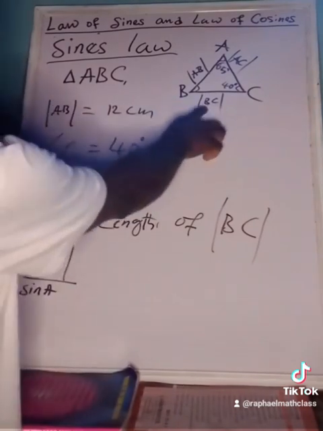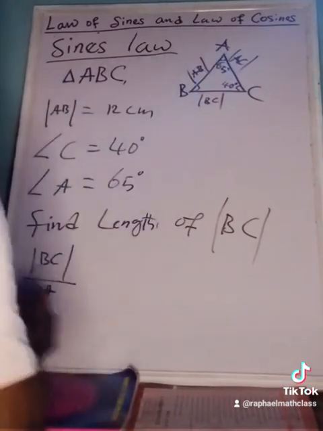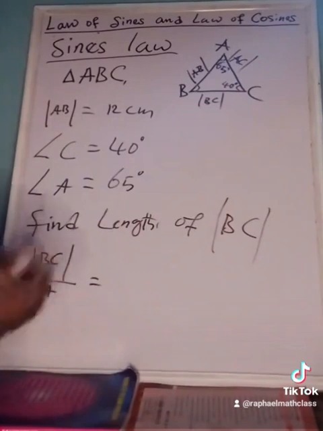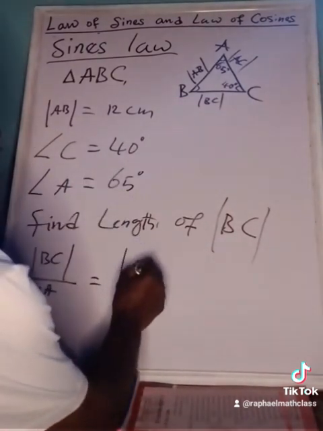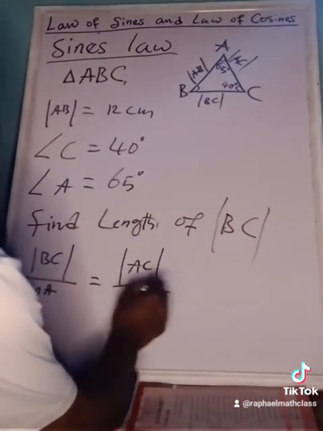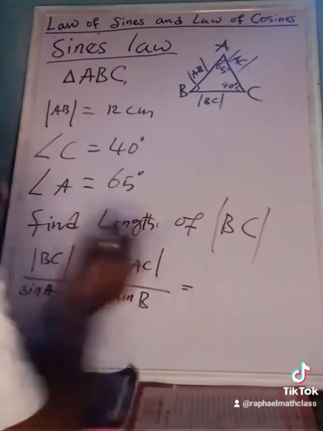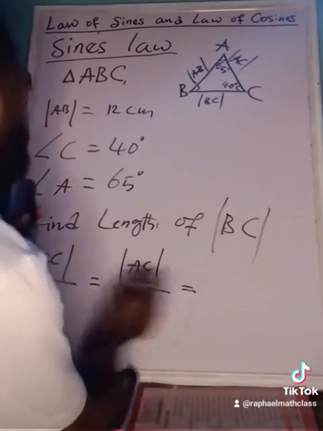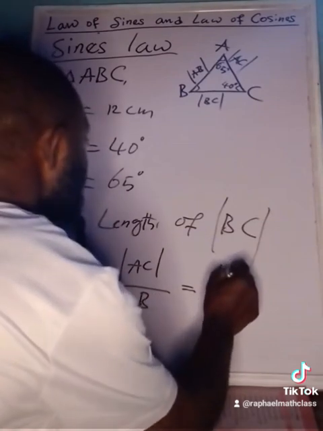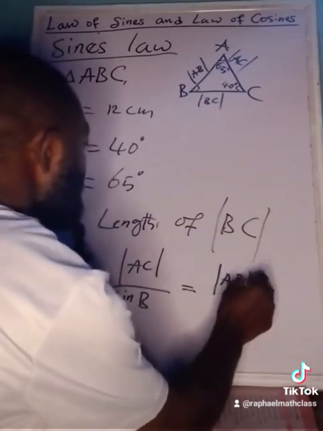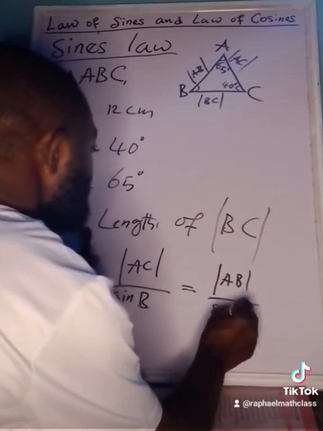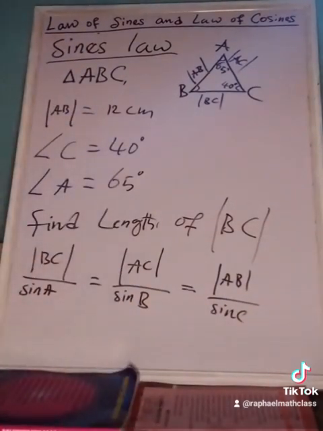Side BC divided by sine A is equal to side AC divided by sine B, and it's also equal to side AB divided by sine C. This is our sine law, and this is the law we are going to use to solve that problem. Now, look at how we solve it here.